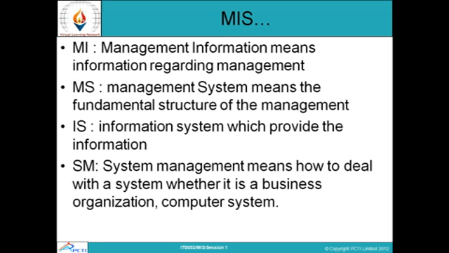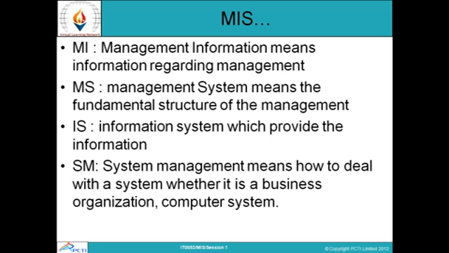Now let us discuss a few terms that are popularly used in MIS. MI means management information, which means information regarding the management. Next term popularly used in MIS is MS, that is management system, which means the fundamental structure of the management.